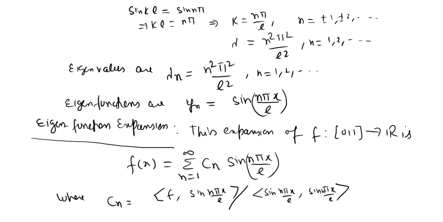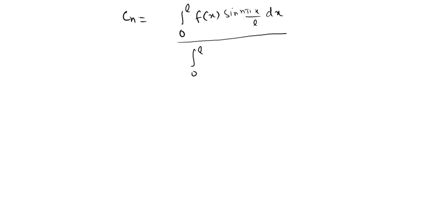So now I am writing the value of the inner product, or Cn equal to, on top the inner product of f with sine n pi x by L. So this is the integral of f(x) g(x). Okay, and divided by the inner product of sine with sine, sine n pi x by L with the same sine n pi x by L, or you can write sine square.